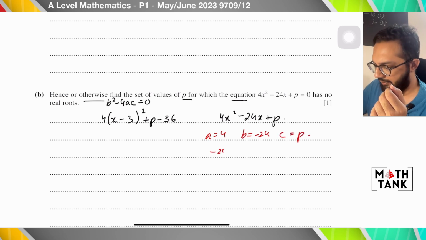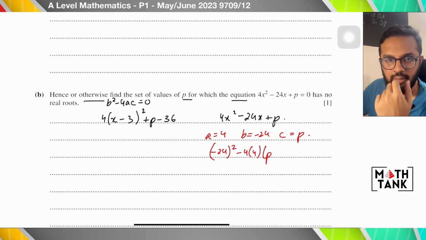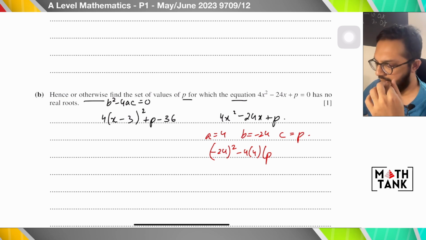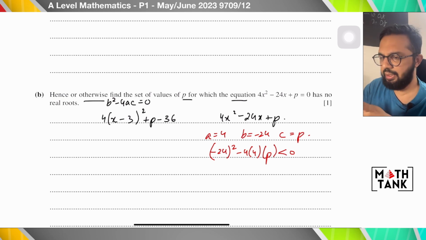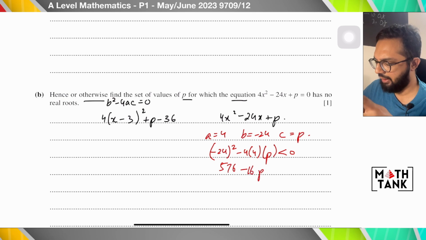So b square minus 4ac should be less than 0. I got a little confused with what I was putting. I wasn't getting a square, but I don't need to get a square. 576 minus 16p is less than 0.